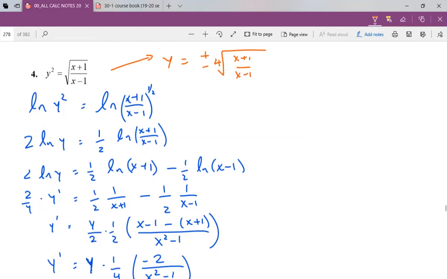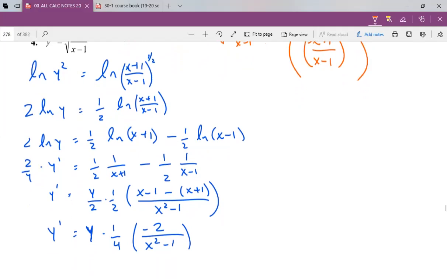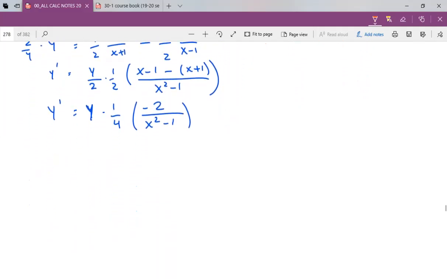When we square root both sides, it was x plus 1 over x minus 1 to the half, and then when I square root both sides, this is what we have. So it is the 4th root of x plus 1 over x minus 1.